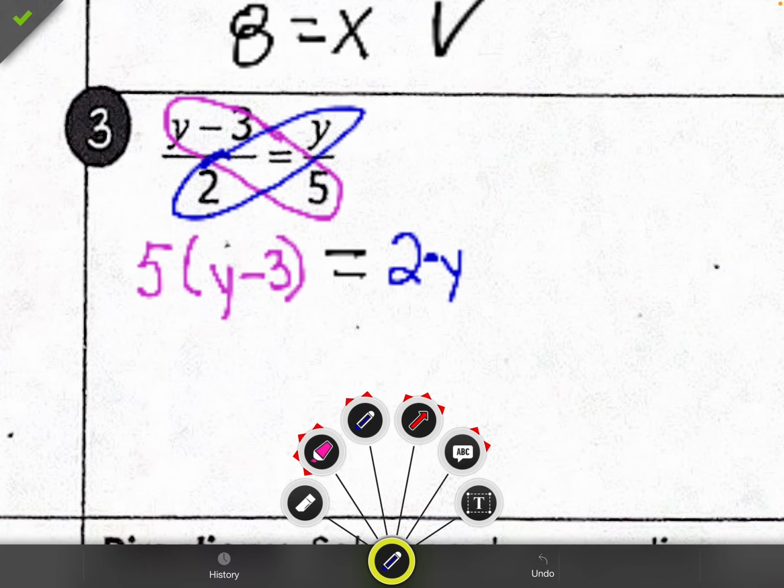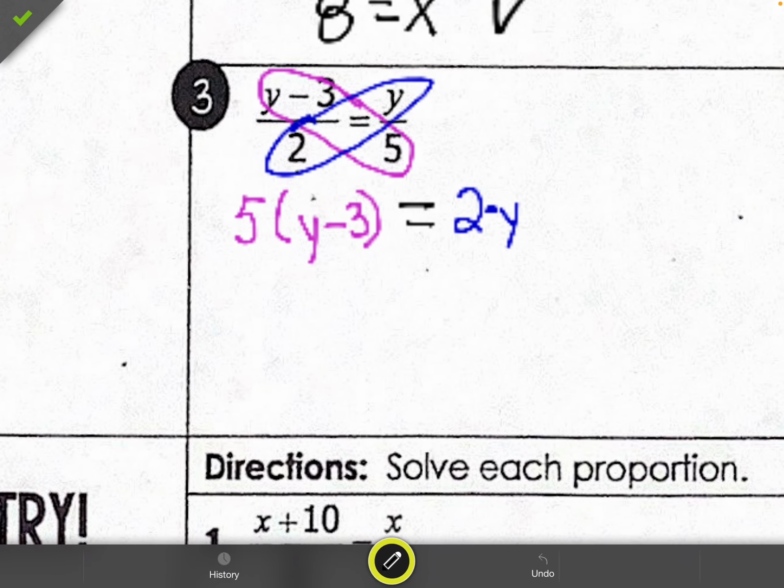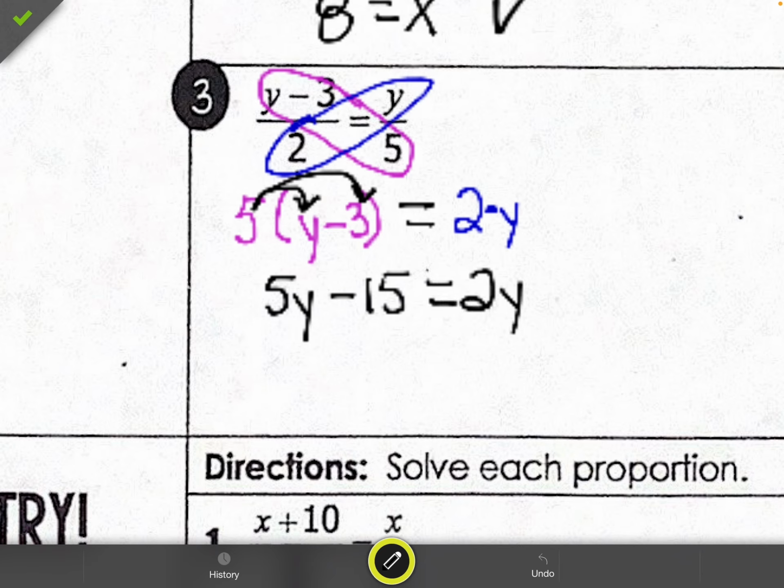Okay. Now I'm going to start solving this. So with the 5 on the outside, I have to distribute 5 times y. Bring the minus down, 5 times 3 equals 2 times y is just 2y. Now, remember when we solved equations, we were using the phrase, don't call me after midnight, D for distribute, C for combine like terms.